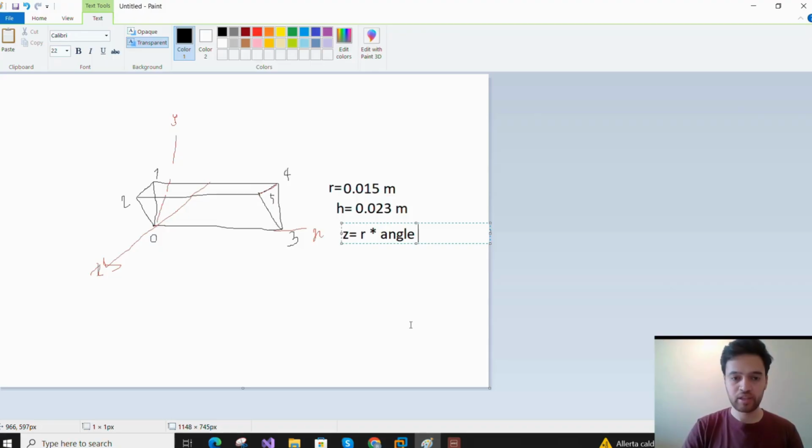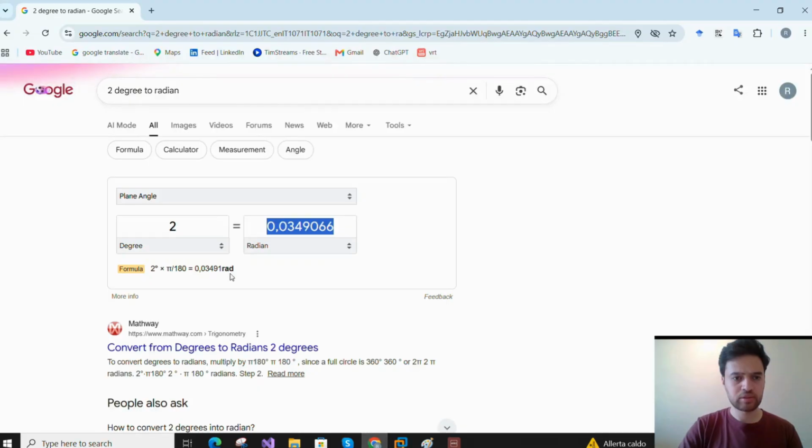Okay, and so how to calculate the angle? The angle is equal to 2 degrees, and we have to calculate the radian, which, if I'm not mistaken, for 2 degrees is about 0.0349.